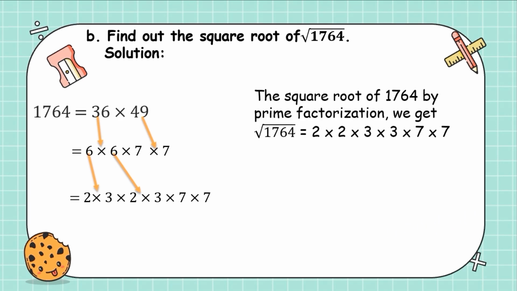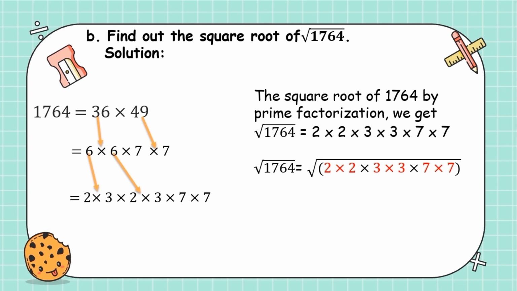So, we have here 2 times 2 multiplied by 3 times 3 multiplied by 7 times 7. Once we form pairs, to find the square root, all we have to do is pick one number from each pair and multiply them.